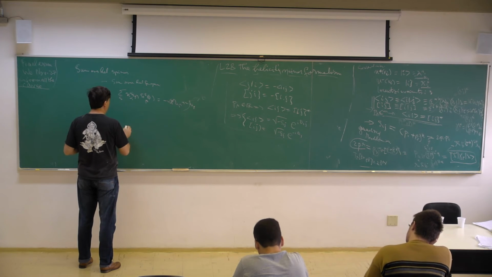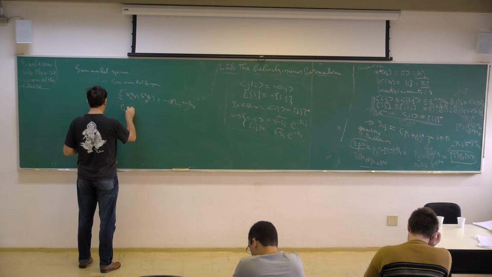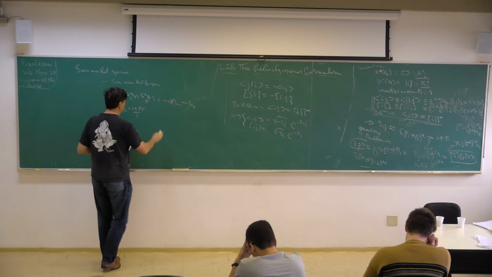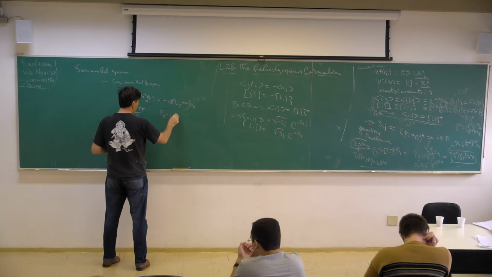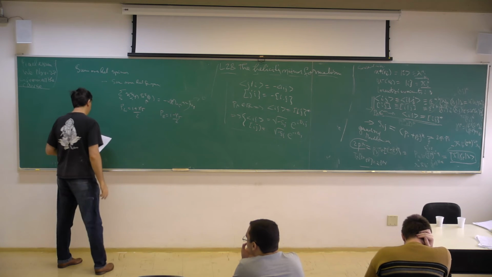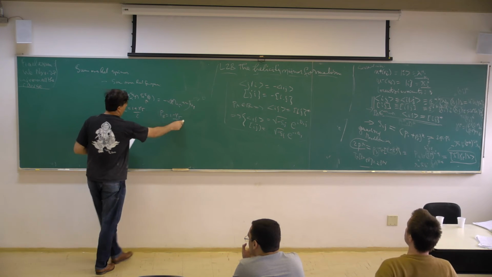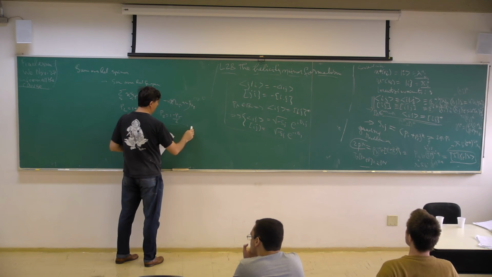And then we can also multiply by P left, that would be 1 plus gamma 5 over 2, and P right, that's 1 minus gamma 5 over 2. The point of this being to project onto a given helicity.